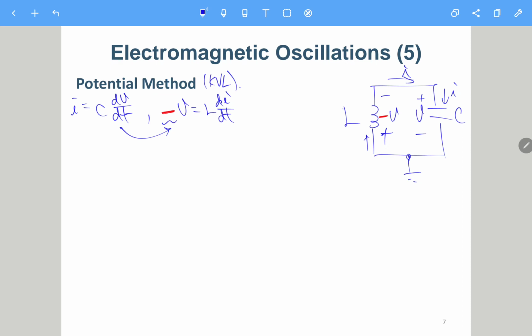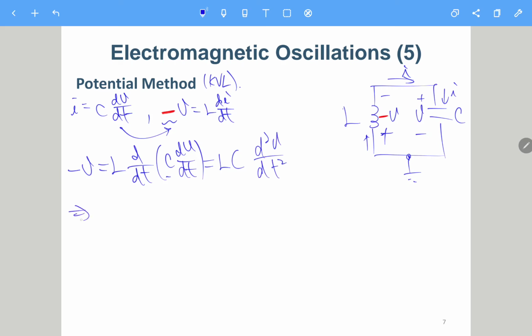In this case we have negative V equals L di/dt, and then we have the C dV/dt here. C is just a constant, so we can put it out. So we have LC, and then the second derivative of V with respect to time.